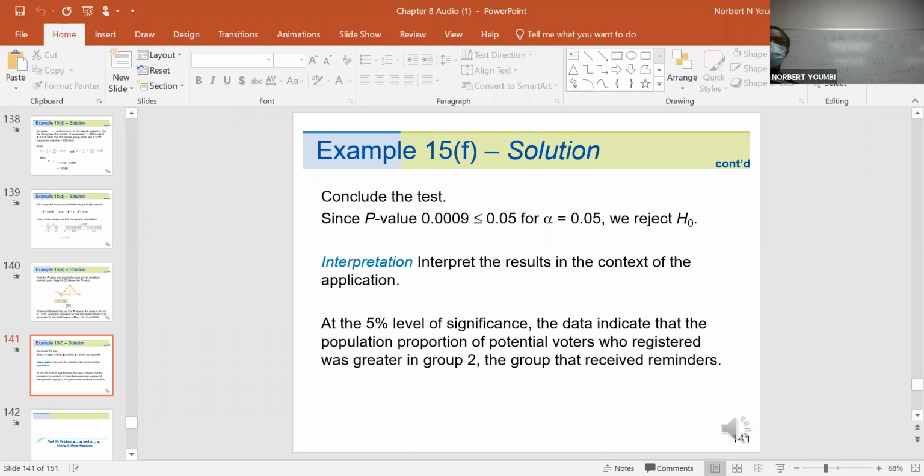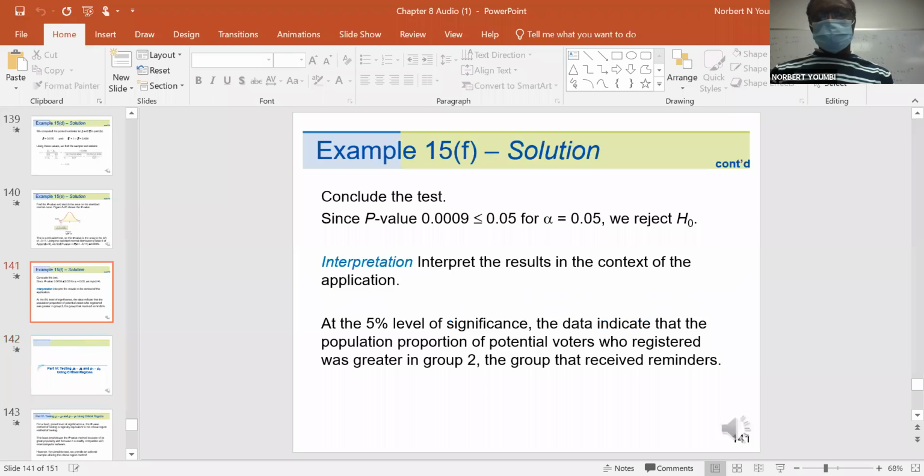There is enough evidence to support the claim that the county clerk was right, that reminding voters improves voters' registration. Okay.